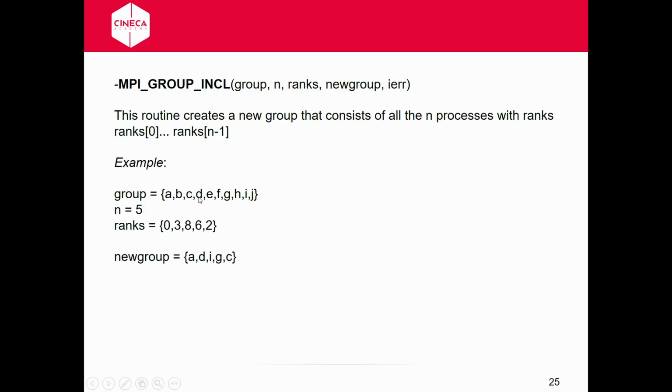The next element, 8: 0, 1, 2, 3, 4, 5, 6, 7, 8. Oh, sorry, I. Okay, this element. Then the same for G, that is 6 here, and finally 2, that is C in this case.